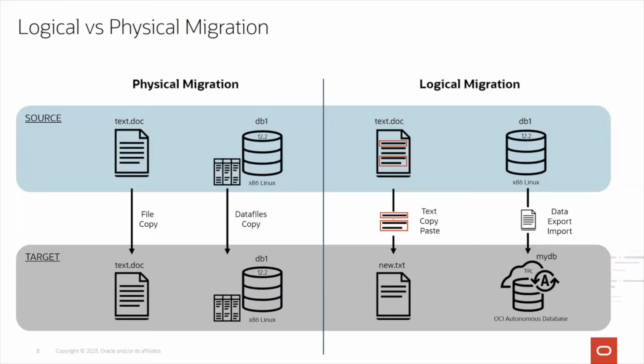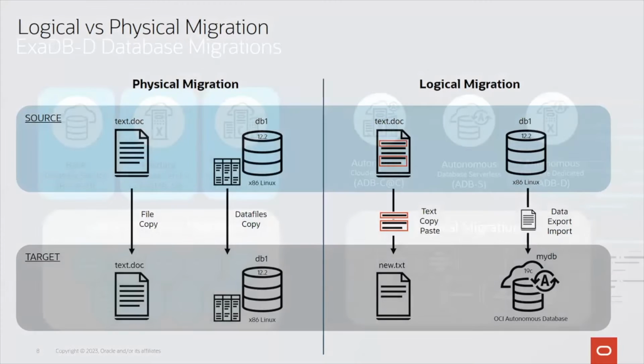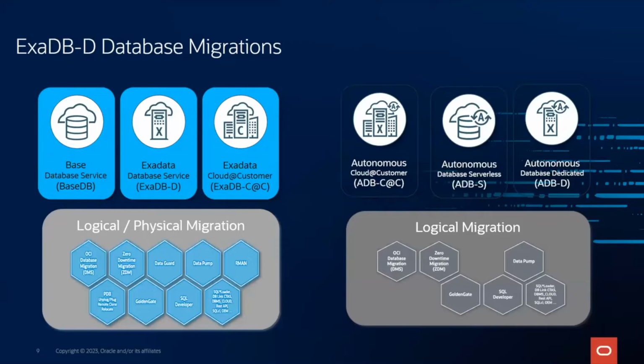I hope you got a brief idea of what it is. Now, when you consider the migration solutions for ExaDBD, the one in the middle, it is not just one kind of migration. Both logical and physical migrations are possible, and that depends on the scenario.